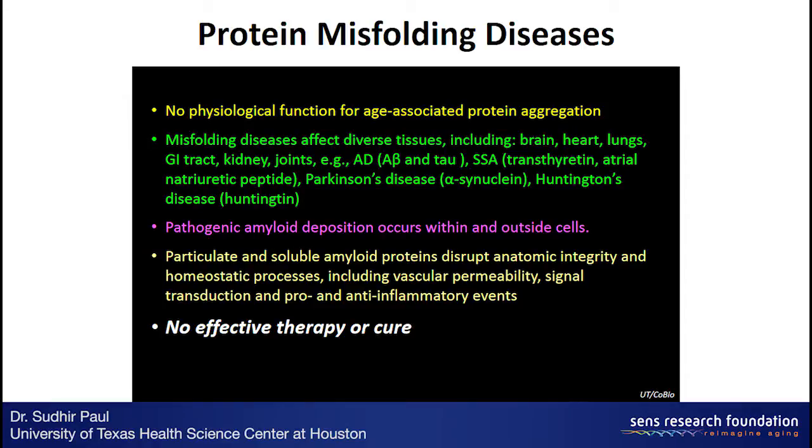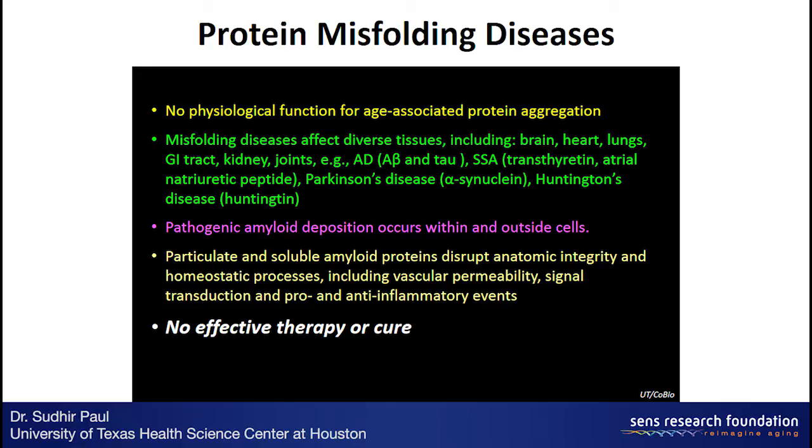So there is no physiological function for these amyloids that accumulate as a function of age. The protein folding diseases can affect diverse tissues, ranging, of course, from the brain to the heart, kidney, the gastrointestinal tract, lungs, and essentially the tissue architecture can be destroyed. The anatomic integrity of the tissues is destroyed.